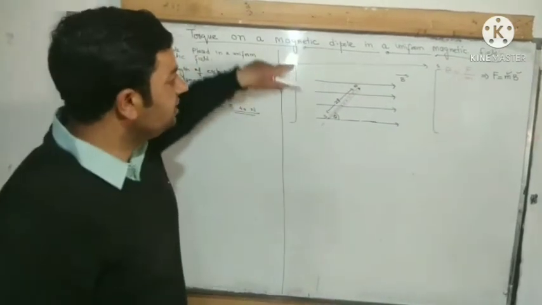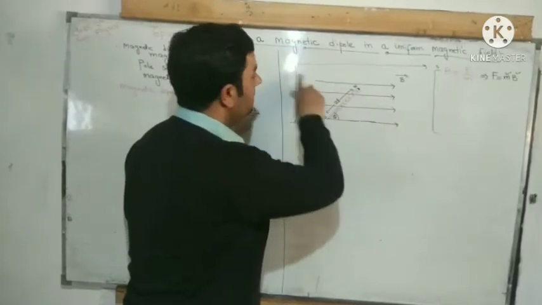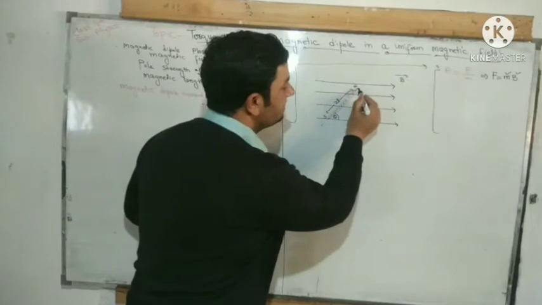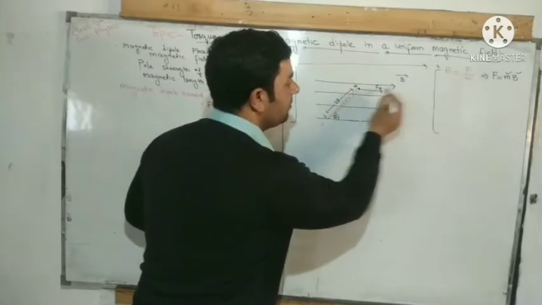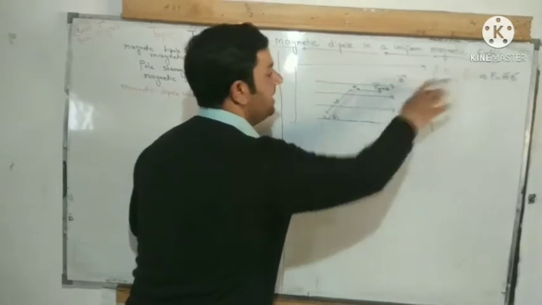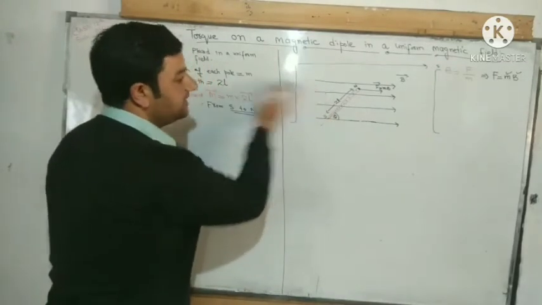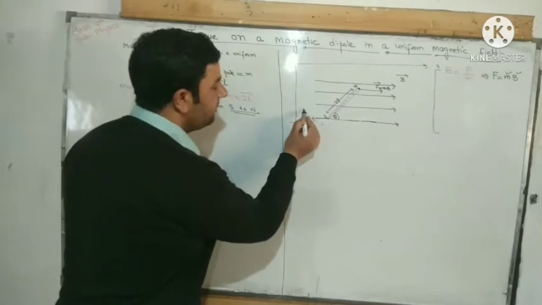So the north pole experiences a force F equal to m into B, in the direction along B. The south pole is attracted, so the force on it is also F equal to m into B, but in the opposite direction.